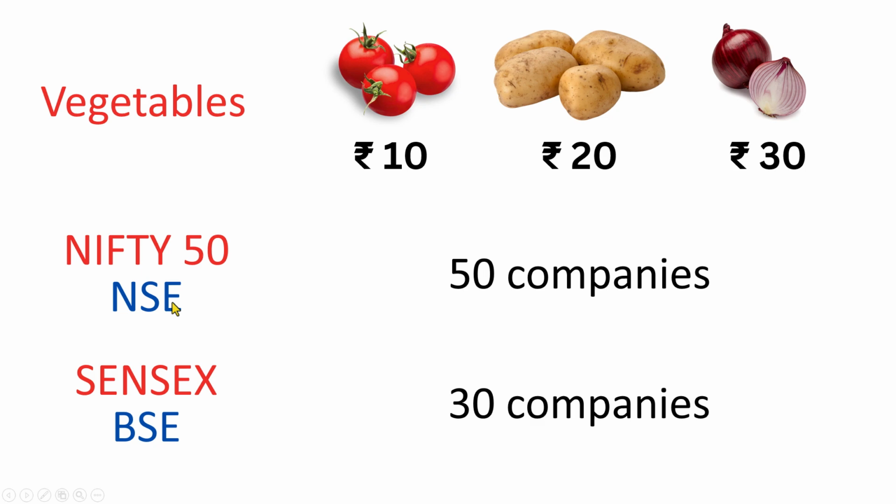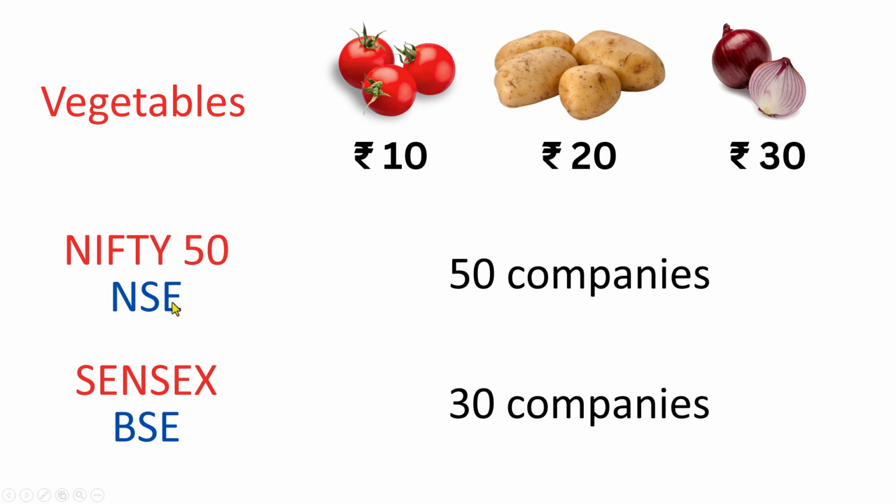Nifty 50 is the index of NSE. Or you can imagine like this. Nifty 50 gives you an idea of how the price of 50 items from the NSE shop is moving.